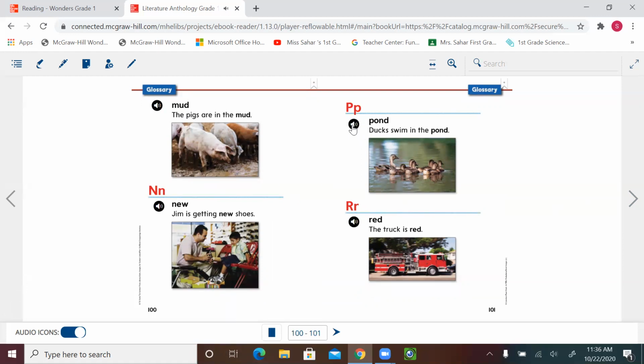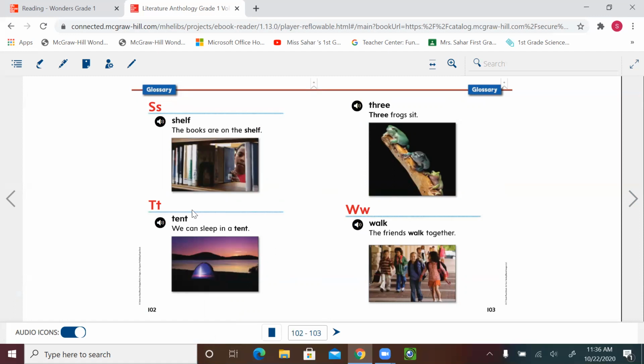All right. Pond. Ducks swim in the pond. All right. Red. The truck is red. We saw these words in this picture also when we were talking about jobs, and we talked about firefighters or the fire station, and the tools they use.